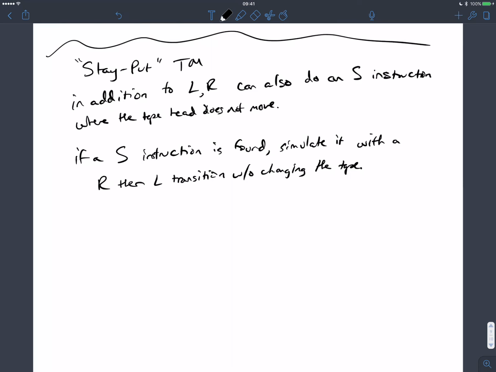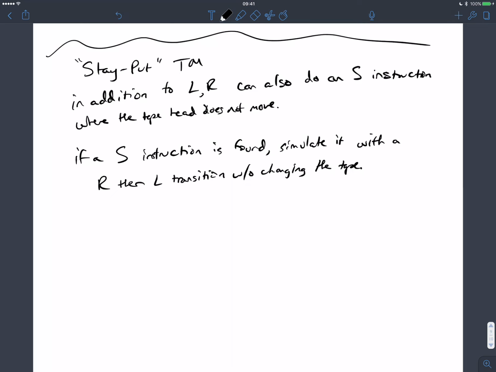So all we're doing here again is simulation. We're simulating the stay put machine with a normal machine that doesn't have stay put. So if it was a left or right transition before, I'm still going to do exactly what the machine would have normally done.